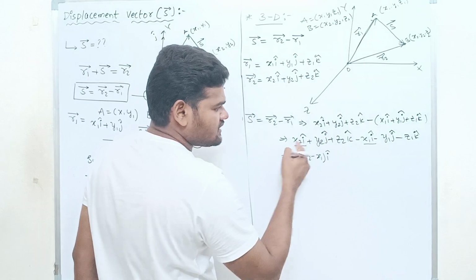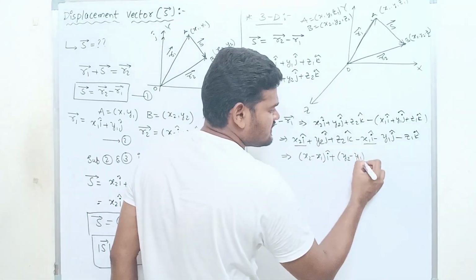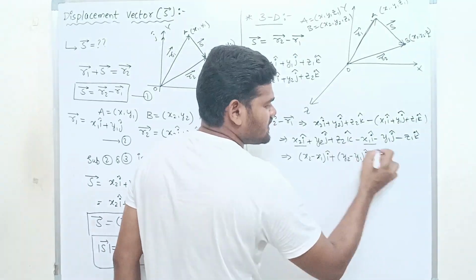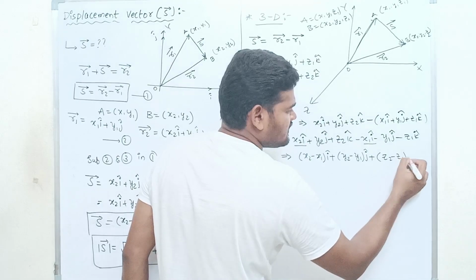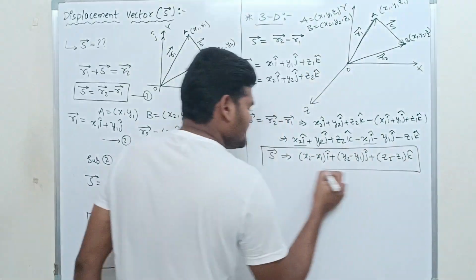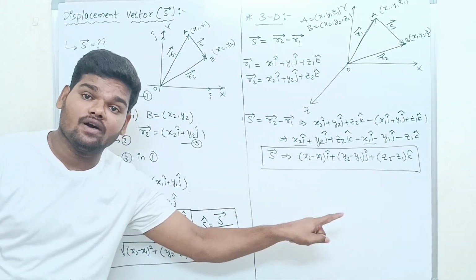If you take i cap common, you will get (x2 minus x1) i cap plus (y2 minus y1) j cap, and if you take k cap common, you will get (z2 minus z1) k cap. So this is the displacement vector in a three-dimensional coordinate system.